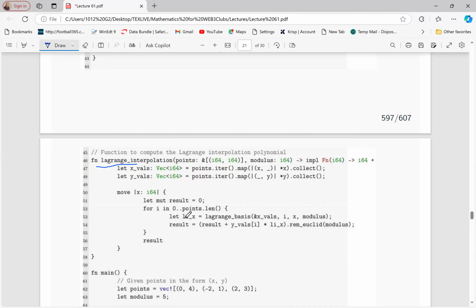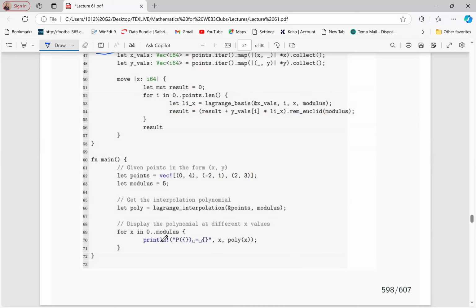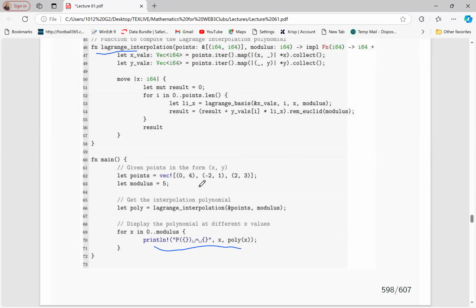Then the main function prints the polynomial. But you see, the whole thing begins from here. The whole thing begins with this main function.